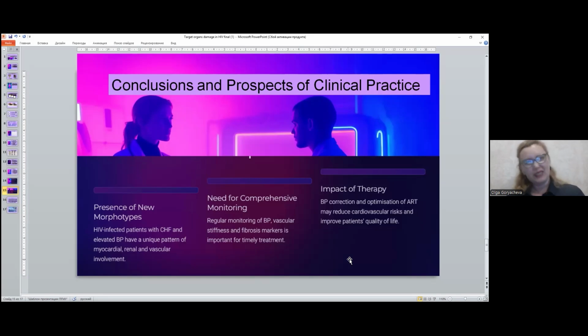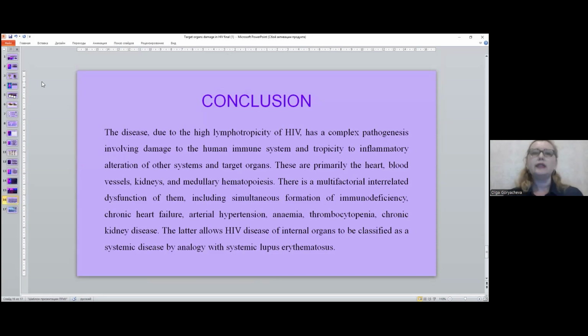That is why, if there is a rise of blood pressure in patients with HIV who are taking antiretroviral therapy, it is very important to analyze possible drug interactions and side effects and not prescribe this kind of drugs which can raise the BP level for this group of patients. It is very important. In my conclusion, I want to say that the disease, due to high lymphotropicity of HIV, has a complex pathogenesis involving damage to the human immune system and inflammatory alteration of other systems and target organs.